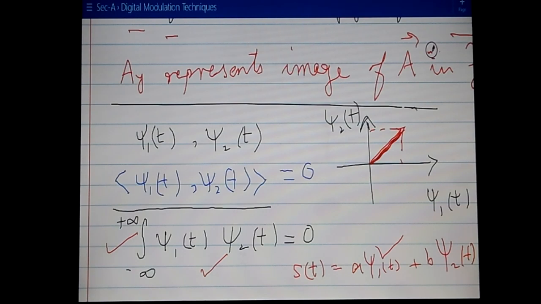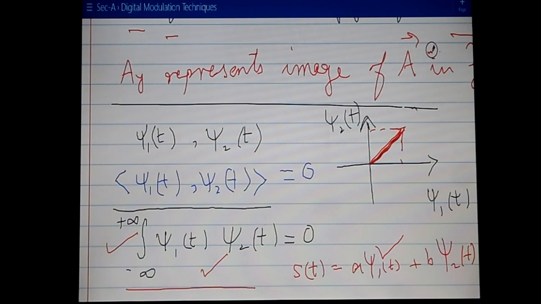So in the case of signals, the dot product is defined by this equation, by this integral, and the energy of these signals, energy of psi 1 and psi 2, should be equal to unity, 1. We will see with the help of an example such psi 1 and psi 2 of t in a short while.